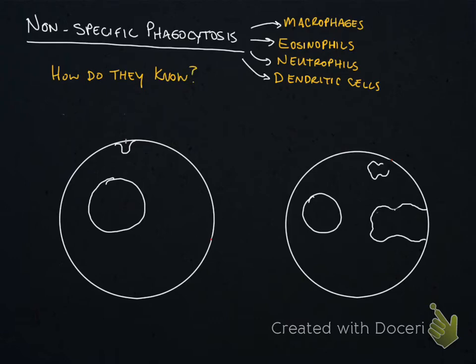So let's draw an example here. Let's say that we have this pathogen right here, and he has this antigen on him. And your non-specific phagocytosis, let's say that, for instance, we have a macrophage here. It could be an eosinophil, a neutrophil, or a dendritic cell.